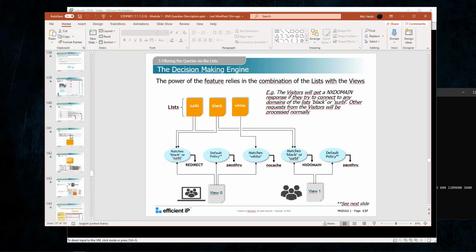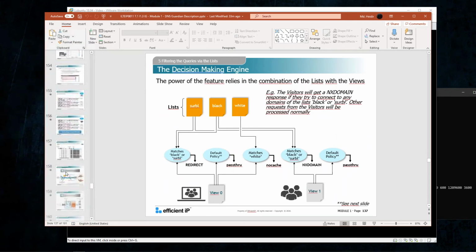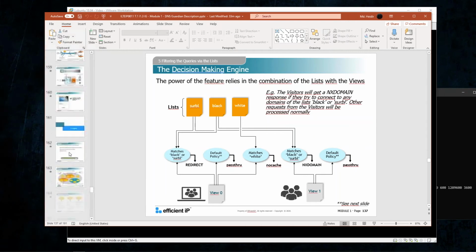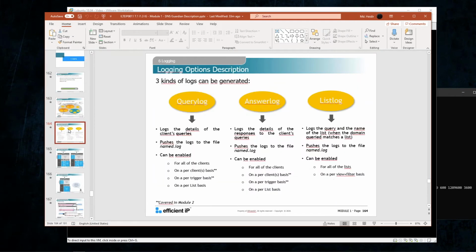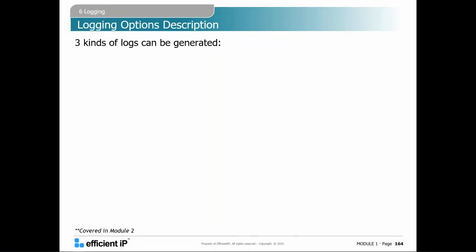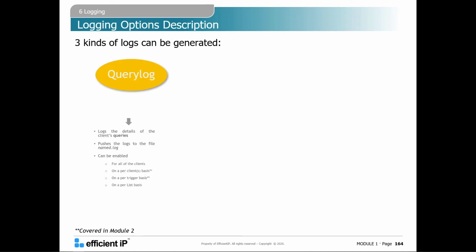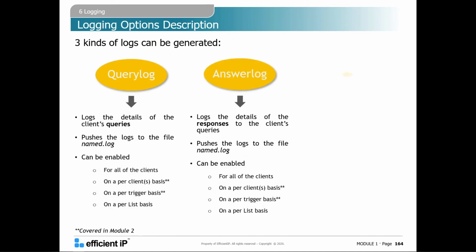Just want to go straight to the policy, which will be very interesting. Okay, so the logs. On the Guardian, we have three kinds of logs that can be generated.